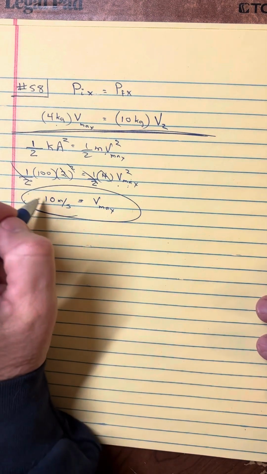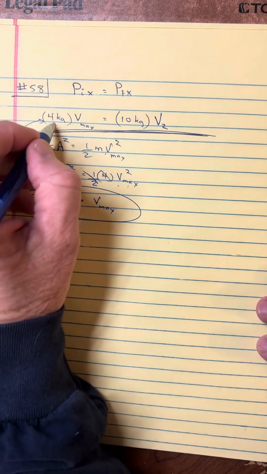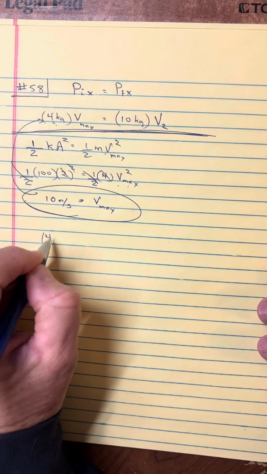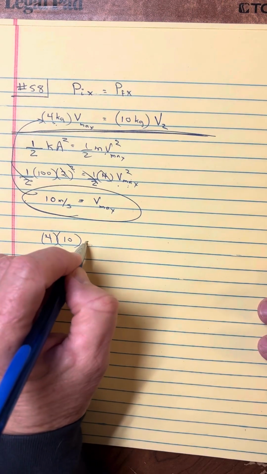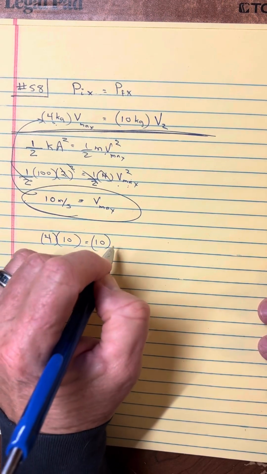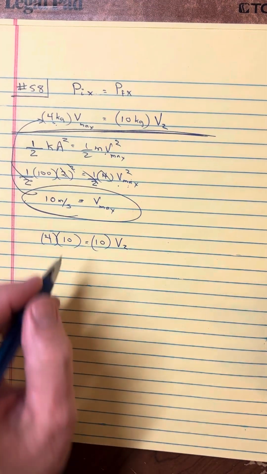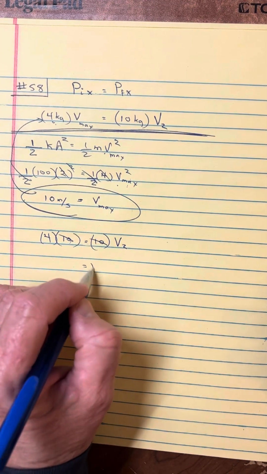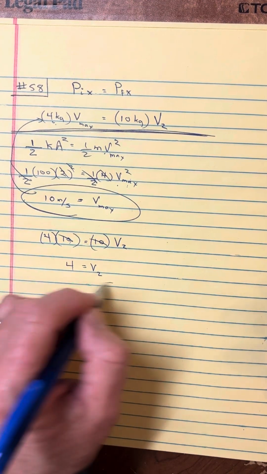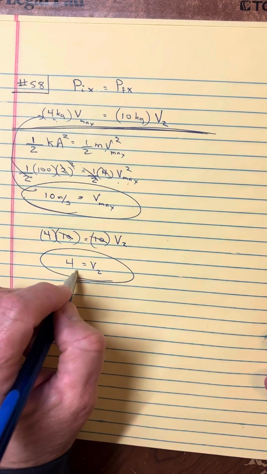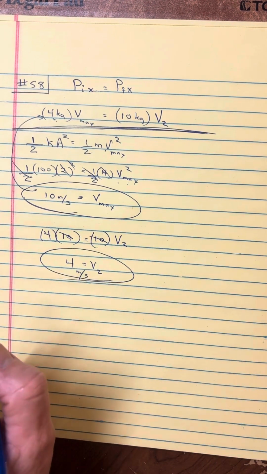So that's what I could use back here. This 4 times a speed of 10 now has to equal 10 times its new speed, which makes the math kind of easy. The new speed is going to be down to 4 meters per second.